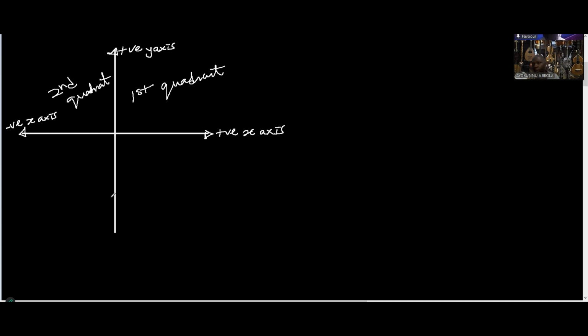While the other one, we have a negative y axis, and this is the third quadrant, while this is the fourth quadrant. This is clear to you, right?